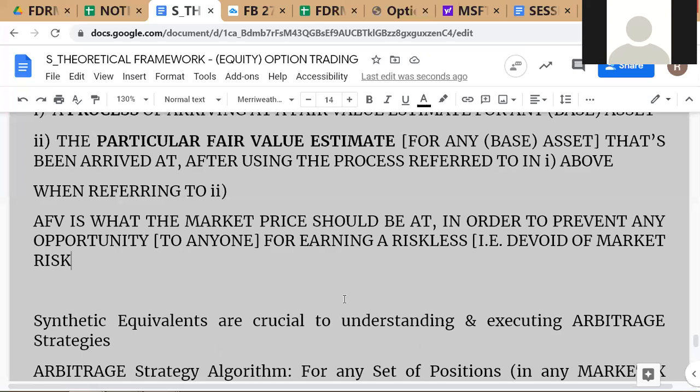One of the classifications is between market risks and other risks like credit risk, operational risk, etc. What I'm clarifying here in the brackets is that the expression riskless here only refers to a situation devoid of market risk. It does not necessarily mean that there is no credit risk or anything like that. Riskless means market riskless, okay?